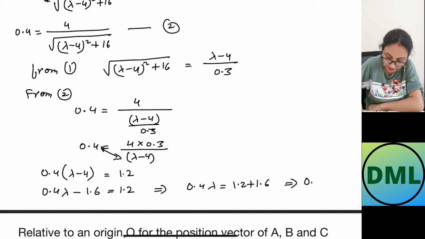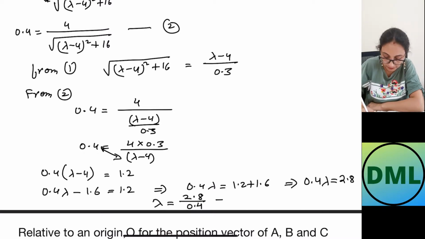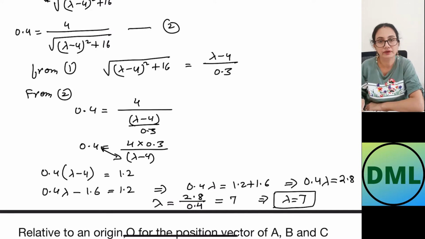That can be written as 0.4 lambda is equal to 2.8. So lambda is given by 2.8 over 0.4. That will be equal to 7. So this gives you lambda is equal to 7. That will be your answer for lambda.